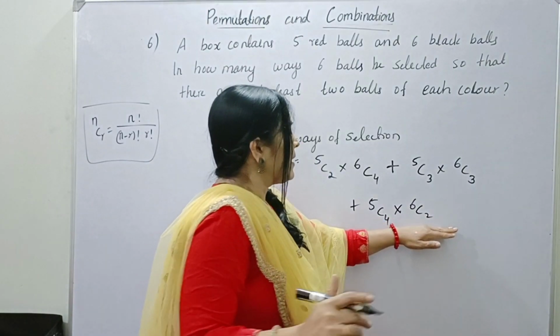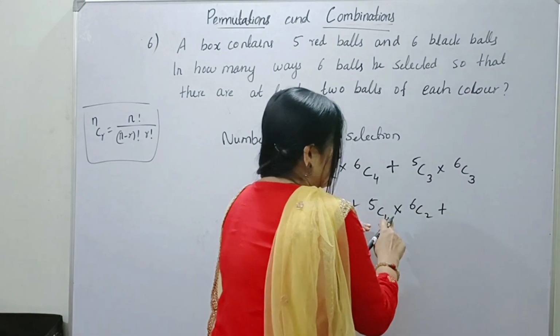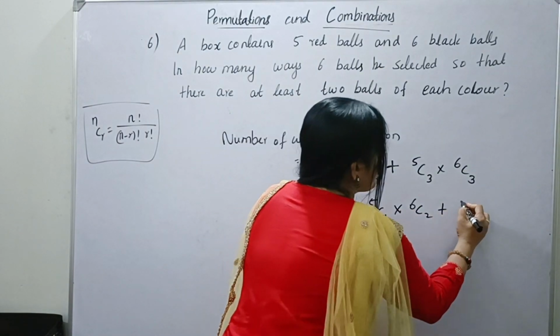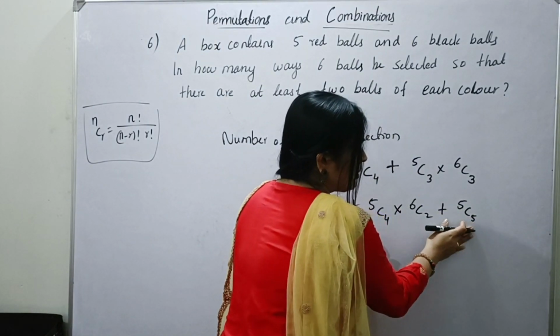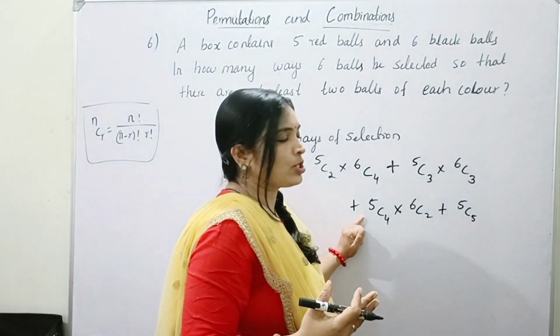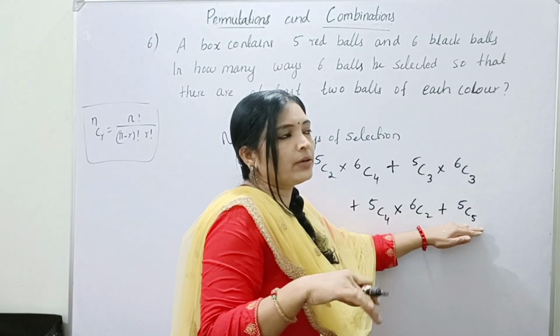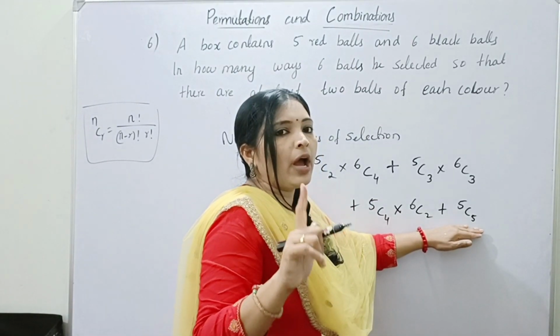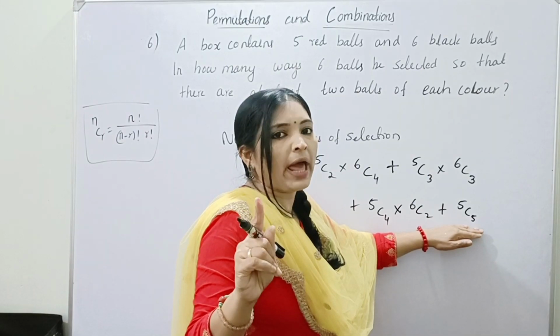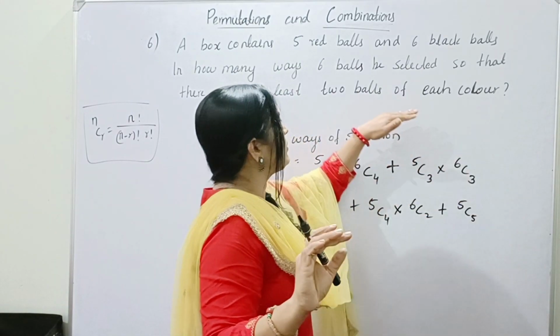If we write 5C5, that is not possible: if we select 5 red balls, we will have to select 1 black ball, so it is not possible according to this.